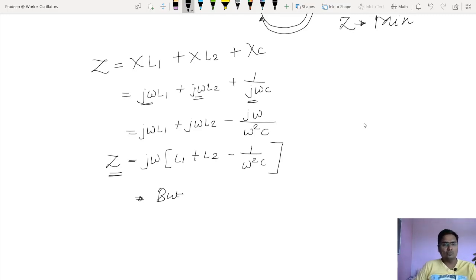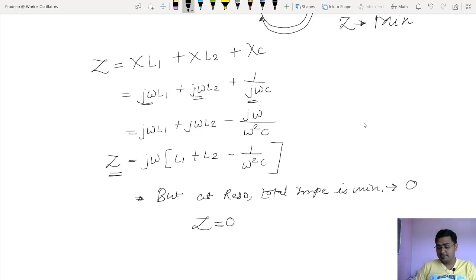But one thing I know is that at resonance the total impedance is minimum, which I will consider ideally as 0. At resonance Z becomes 0, because XC equals XL.